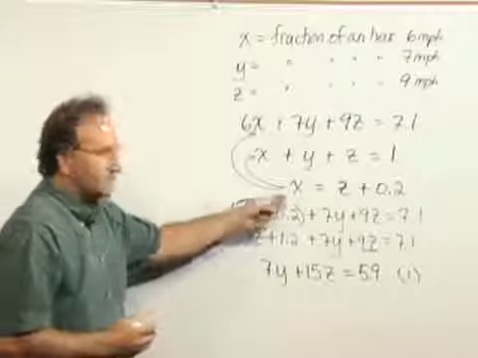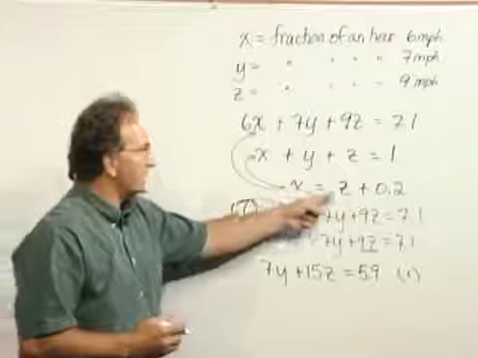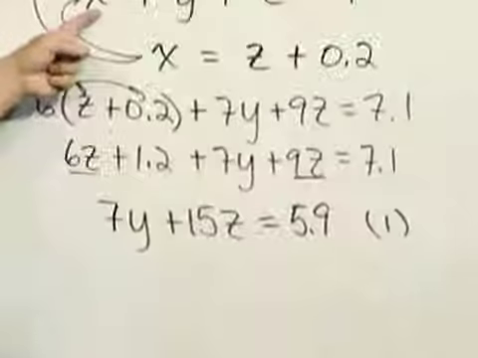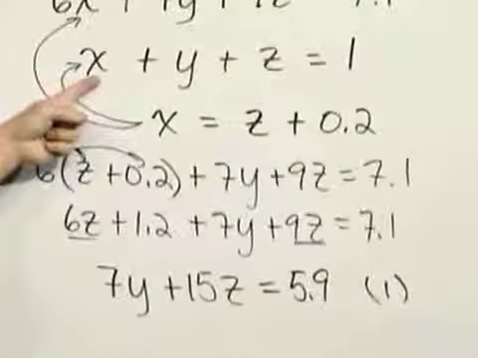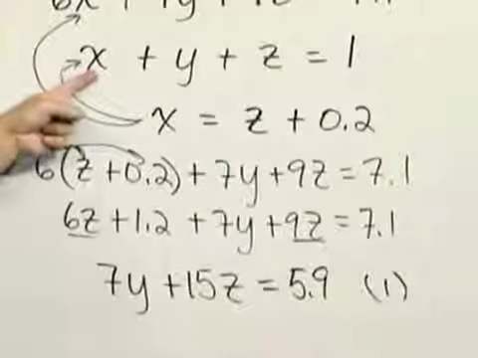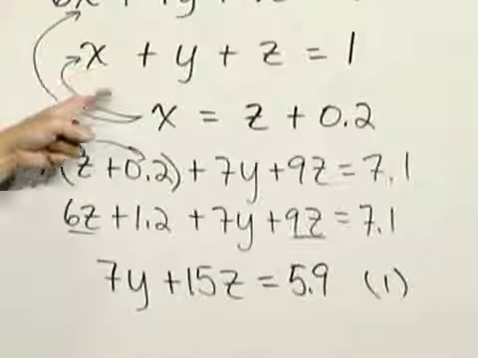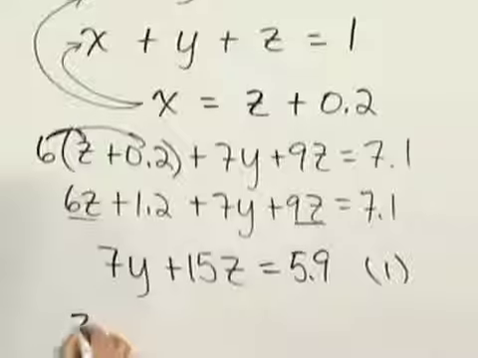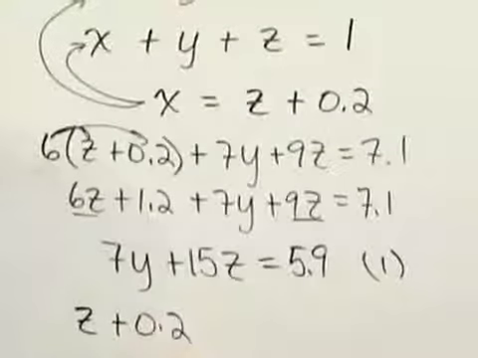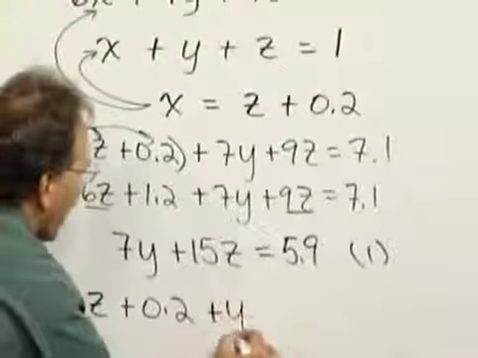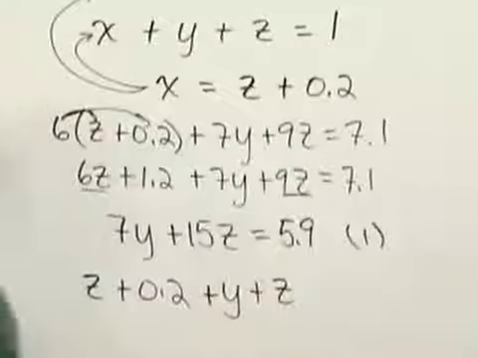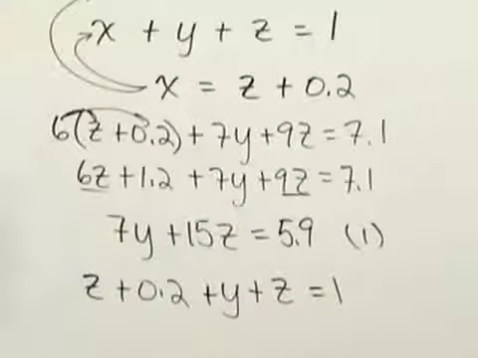Next, I want to substitute the value of x equaling z plus 2/10 into this equation here. So therefore, we would have, writing it down below, z plus 2/10 plus y plus z equals 1.